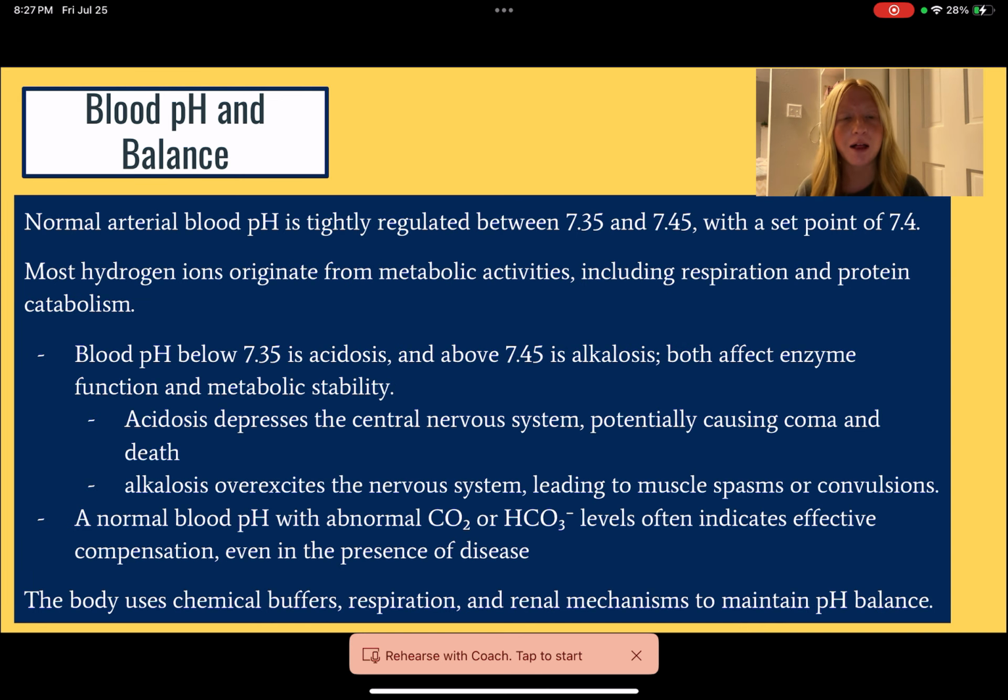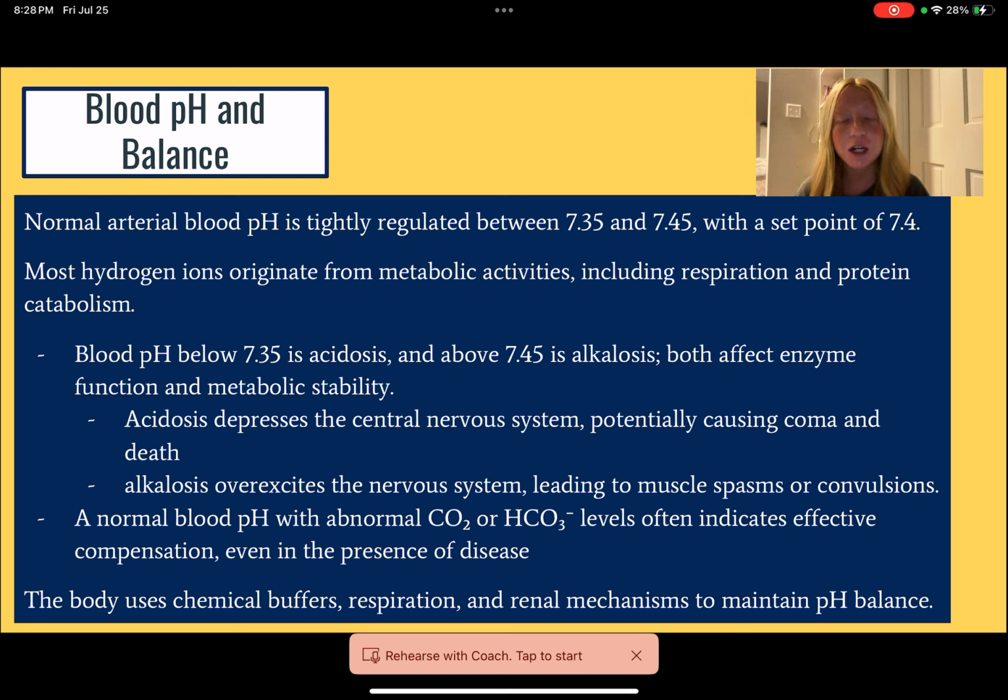Blood pH and balance. The normal arterial blood pH is tightly regulated between 7.35 and 7.45. Most hydrogen ions originate from metabolic activities, including respiration and protein catabolism. If blood pH is below 7.35, this is acidosis, and acidosis depresses the central nervous system and can cause coma or death.